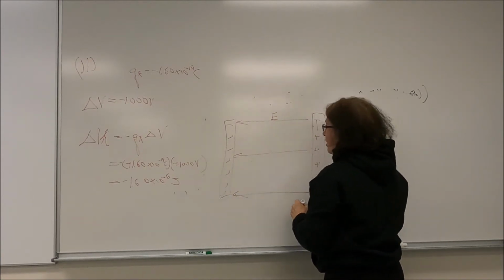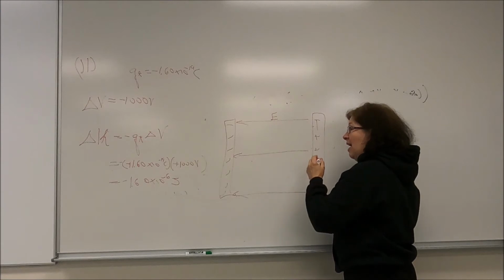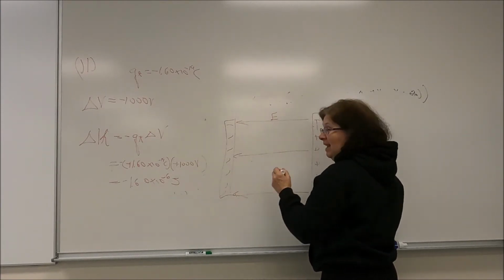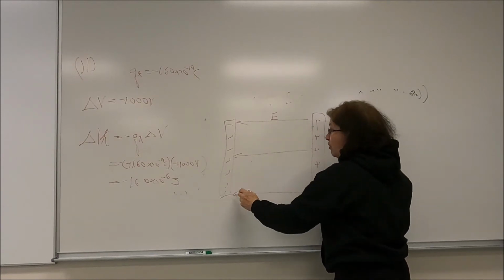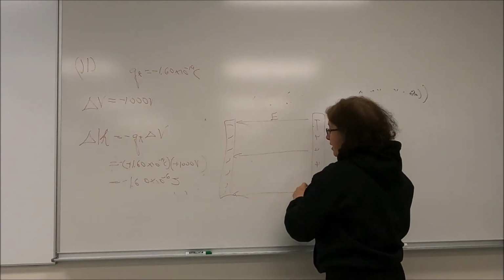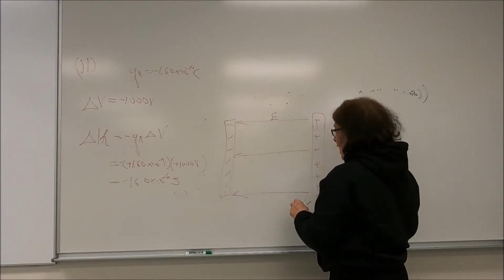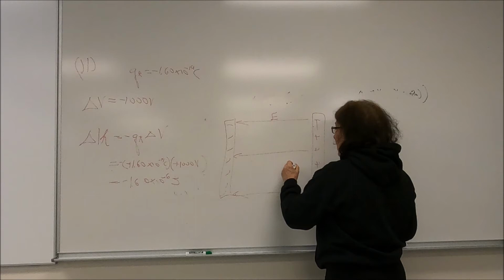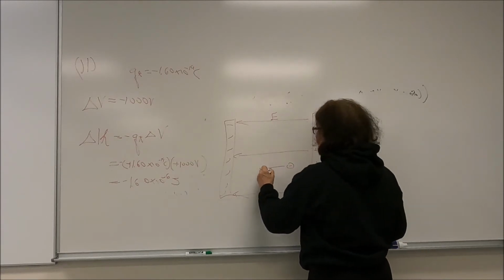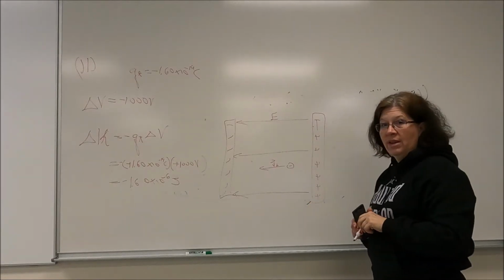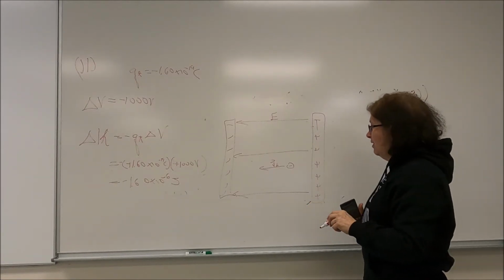Turns out that electrical potential is highest at the positive point charge, it's lowest at the negative point charge. Electrical potential, okay, decreases as you move from positive to negative. So I have a negative electron here, and it's moving initially toward the negative plate.